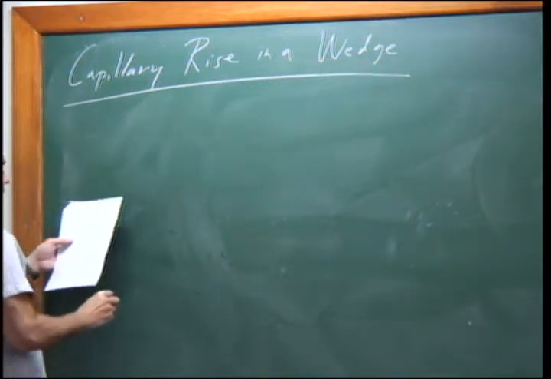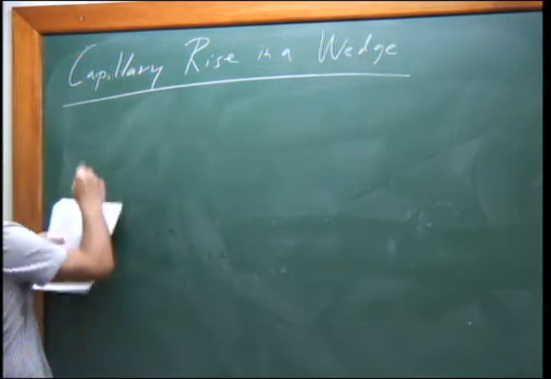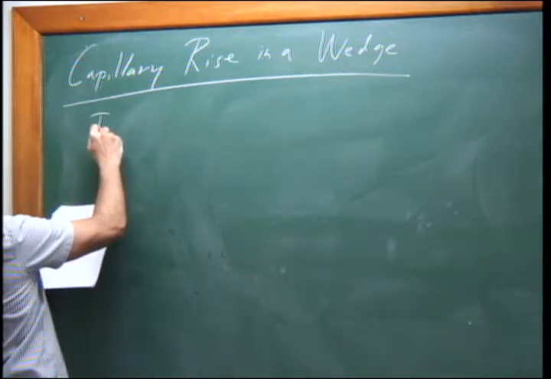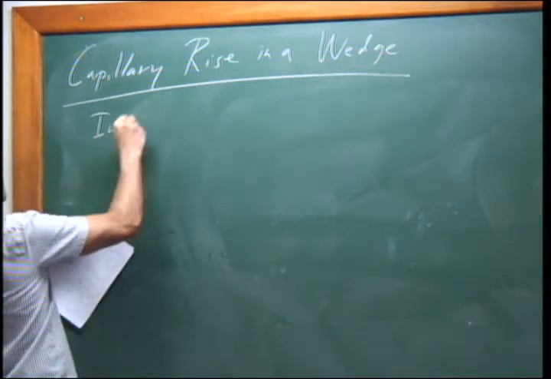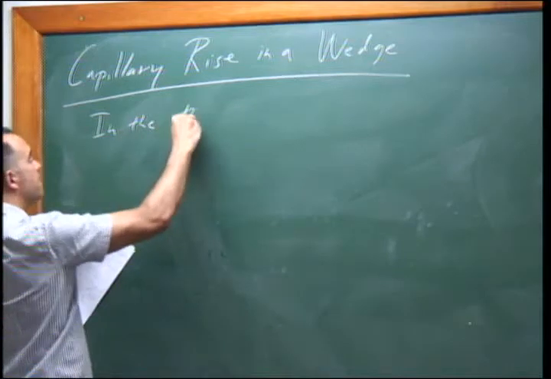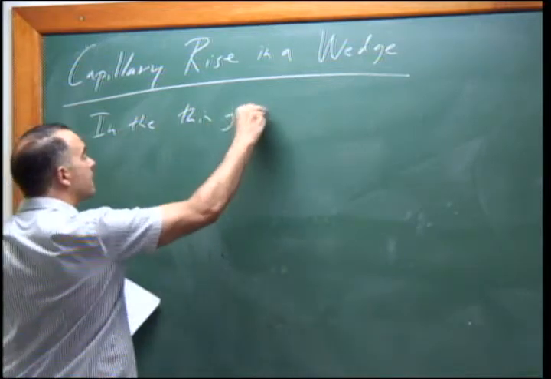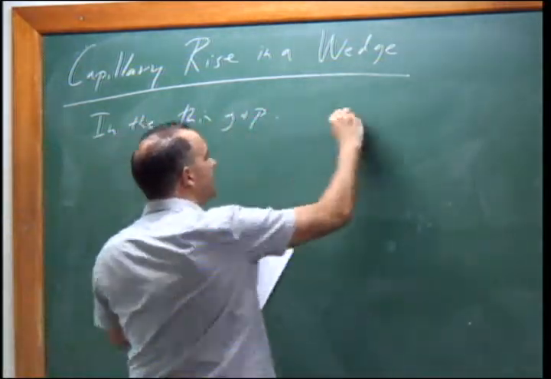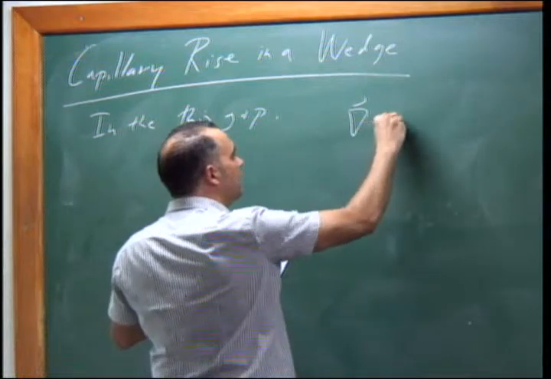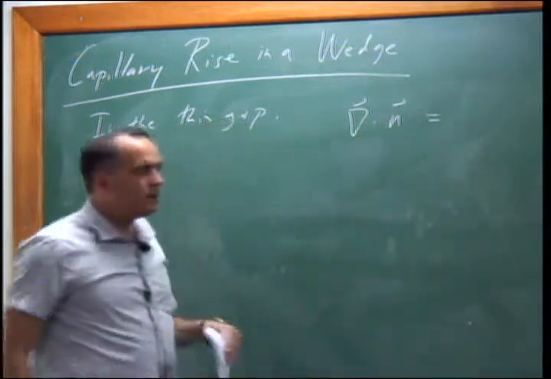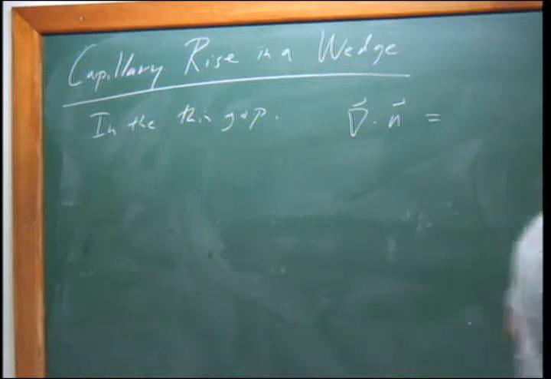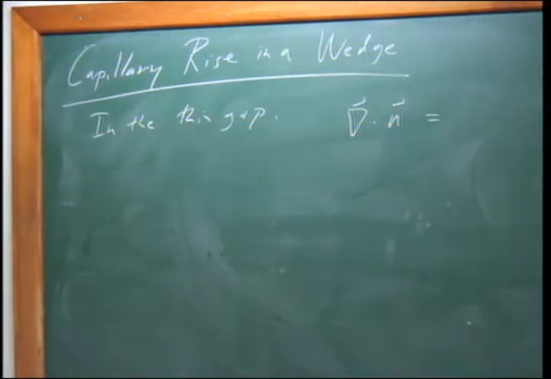Okay, so we have the divergence of the normal, so there are going to be two components to the curvature.